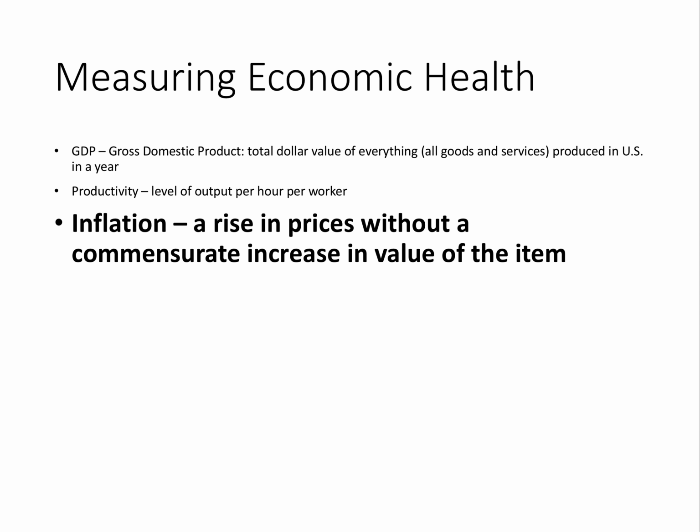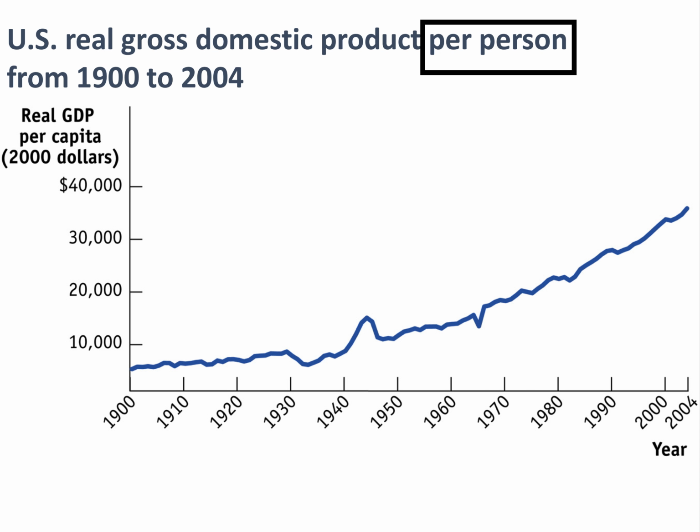But then we've got to take out that inflation, the rise in prices without a commensurate increase in the value of the item. So let's go back and look at what this gross domestic product per person has been doing over this period of time. And so what we're going to do is try to take out some of that inflation so that we're looking at real numbers.